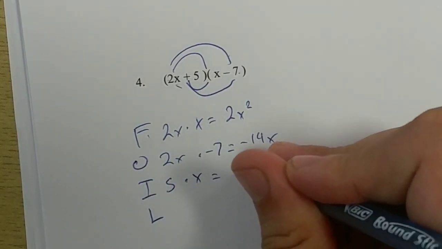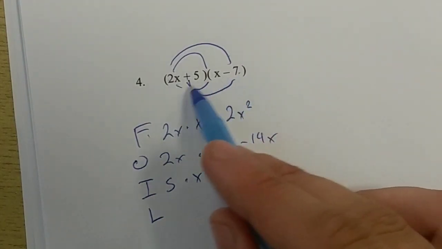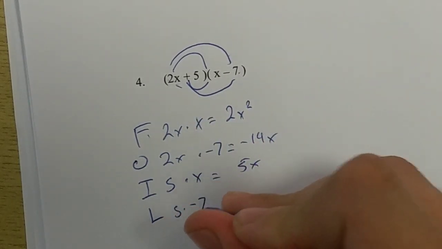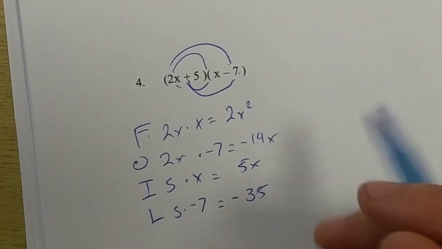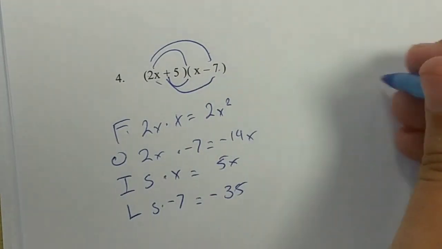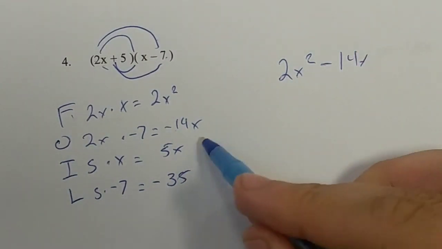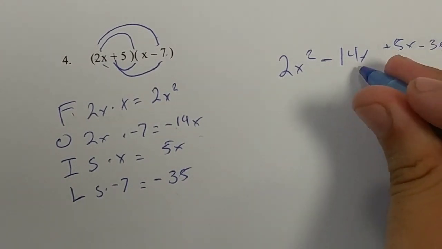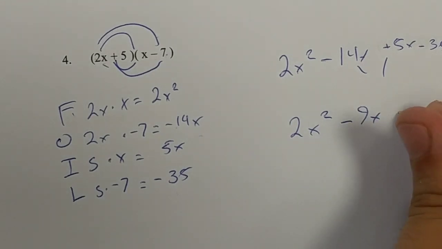Well, 5 times x is just 5x. And the last one, so the ones that are second in each parenthesis, 5 times negative 7. That's going to give me negative 35. With that in mind, what we're going to do is set them all straight to each other. 2x squared minus 14x plus 5x minus 35. Combine like terms. 2x squared minus 9x minus 35.